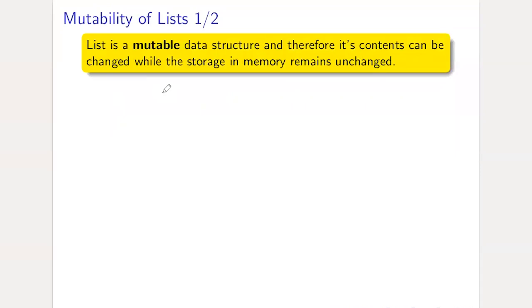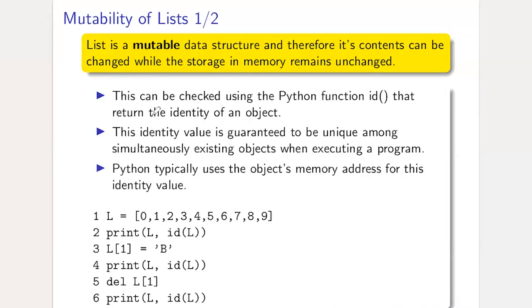Let's discuss the property of mutability of a list. A list as a data structure is mutable, so we can change its content without changing its storage in memory. If you have a list of, say, 10 items like here, when you create it, memory is allocated.